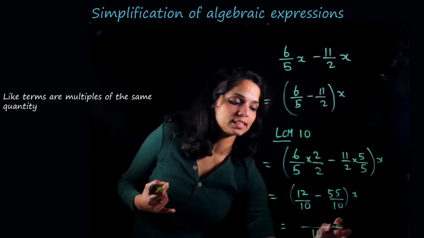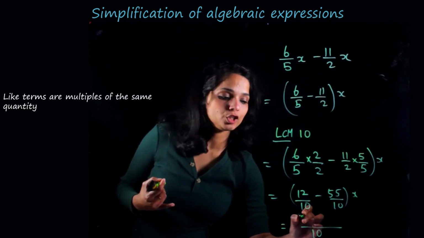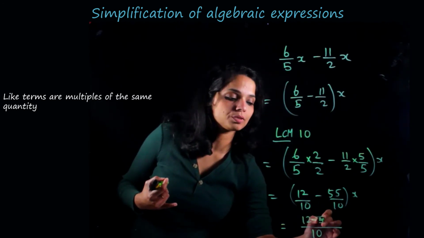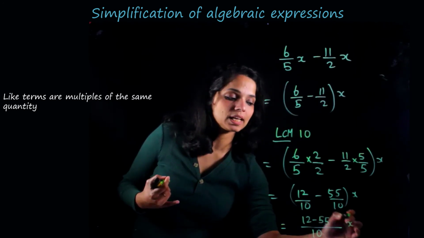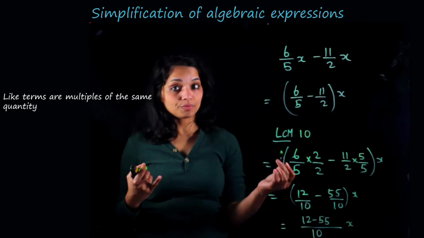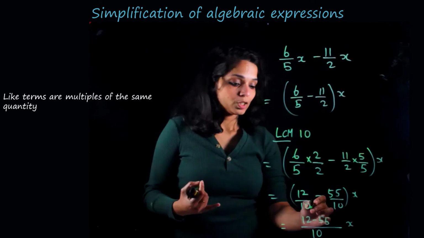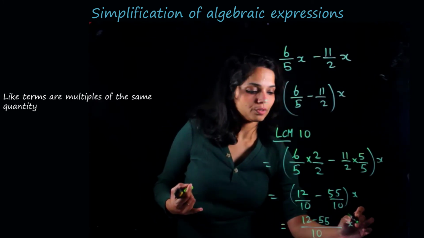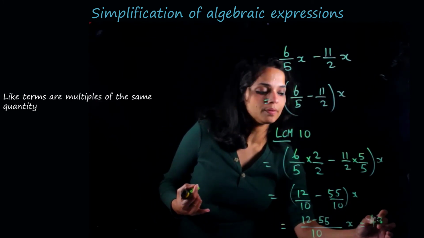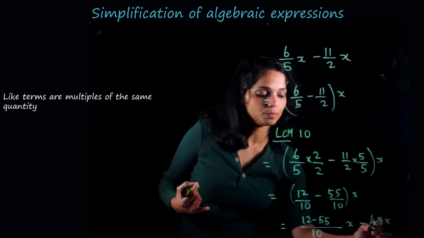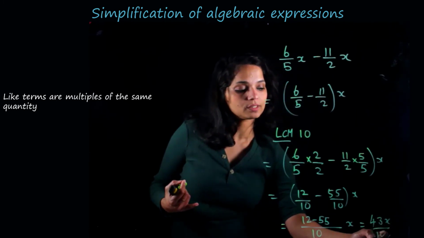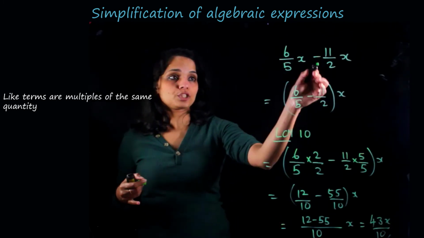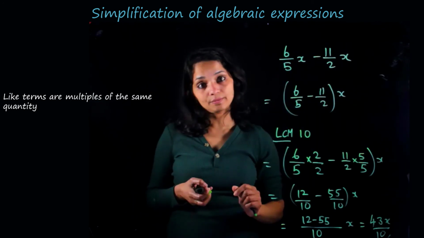Keep the denominator the same and subtract the numerators: 12 minus 55, and that times x. 12 minus 55 is minus 43. So it's minus 43x over 10. That's the answer for this question.